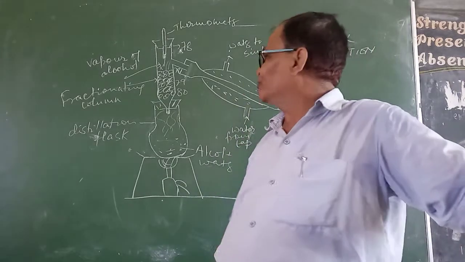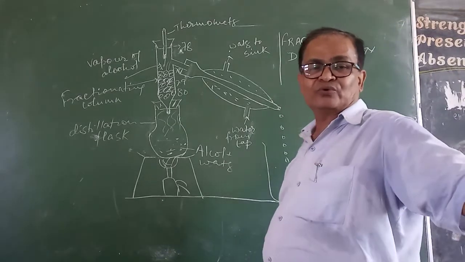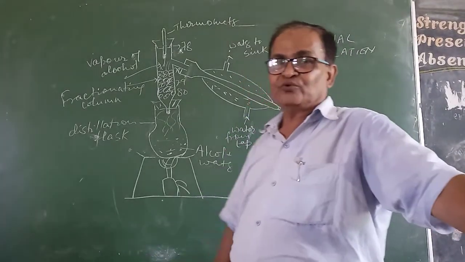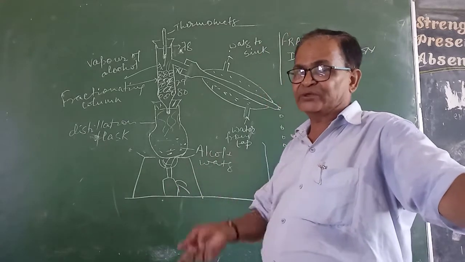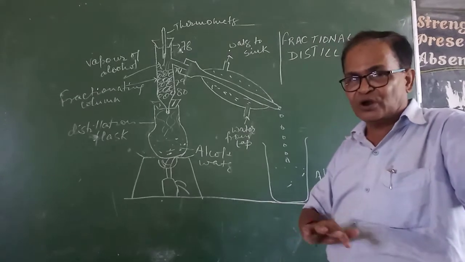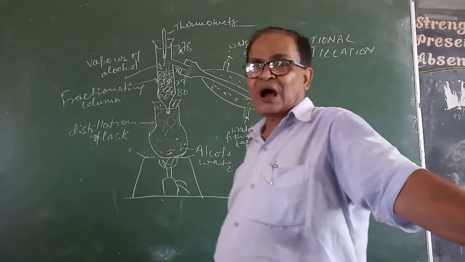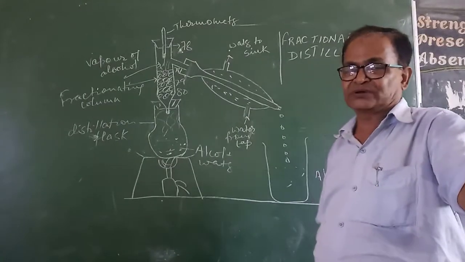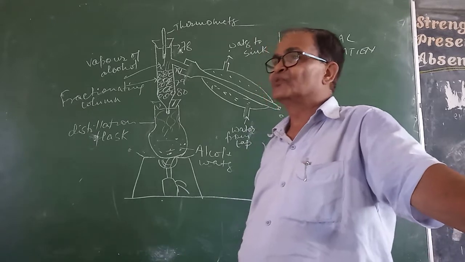First, before going to discuss the process, I would like to tell you about miscible liquids and immiscible liquids. The liquids which are miscible with each other in all proportions are called miscible liquids, like lemon juice and water, alcohol and water, and so on.